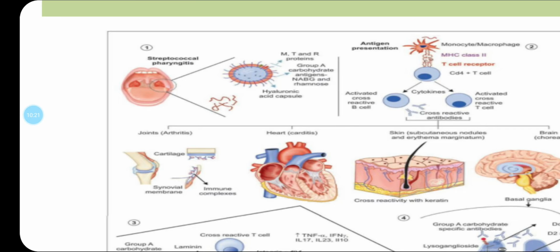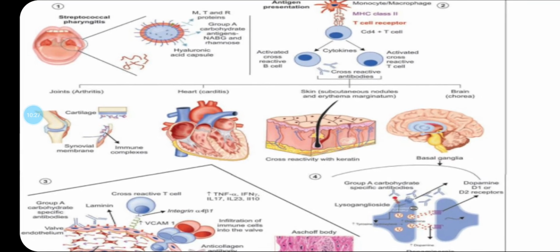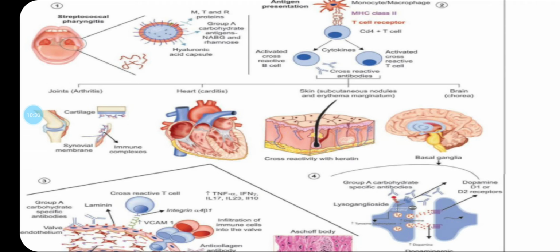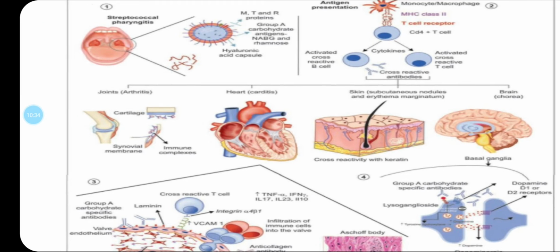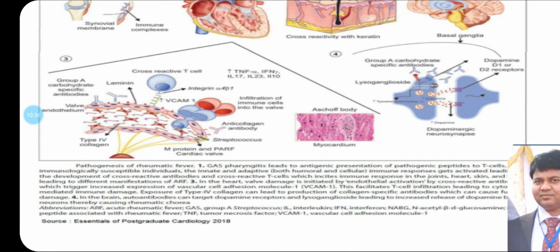And in the brain or CNS, they attack the basal ganglia and produce chorea. These disorders we will discuss one by one in upcoming slides.